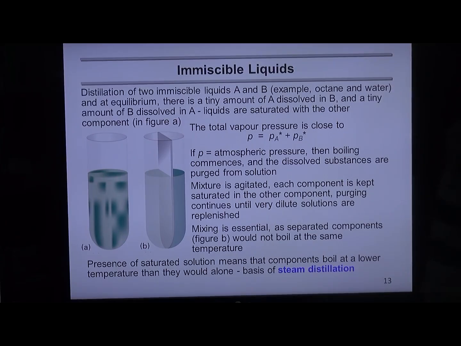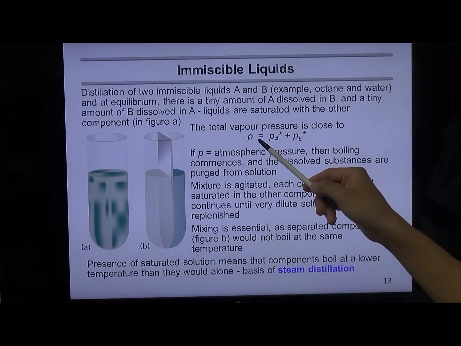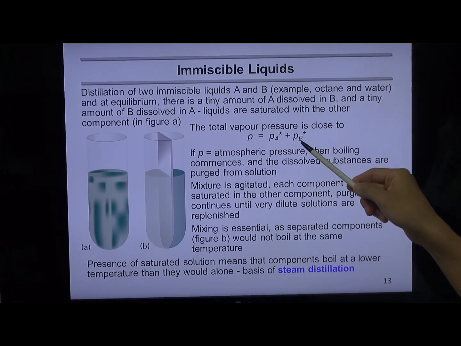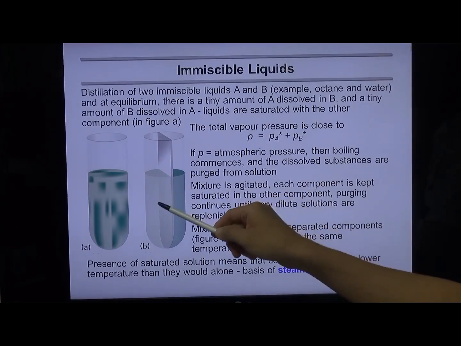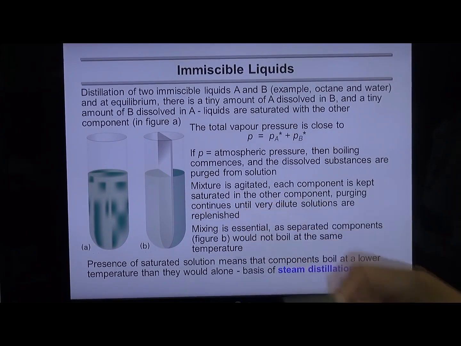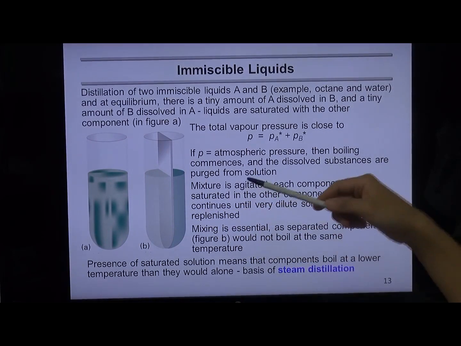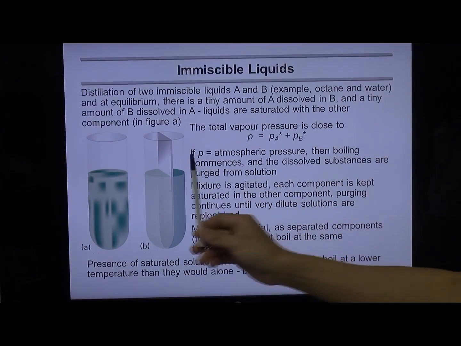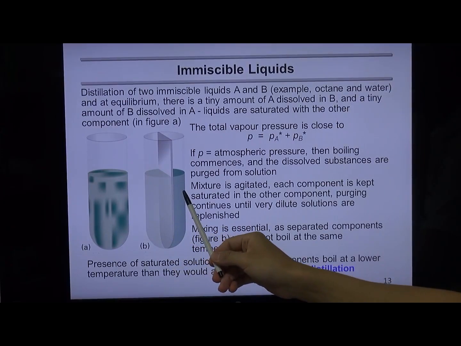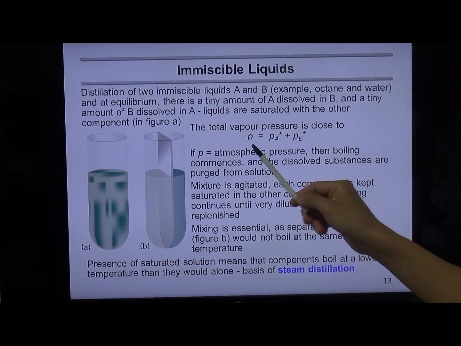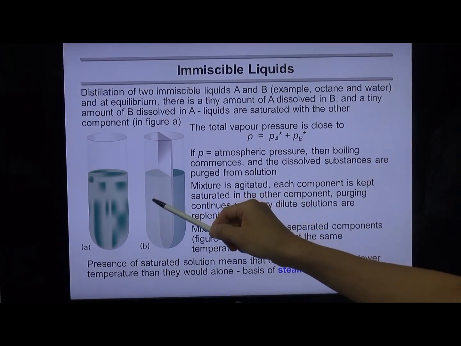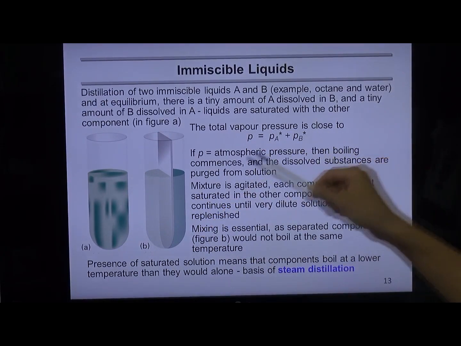Then what would happen? As you know, total vapor pressure should be the vapor pressure of A plus the vapor pressure of B. And if these two are not mixed together, and you do continuous mixing, then they are separated something like this, and the total pressure would be the vapor pressure of A in pure form plus the vapor pressure of B in pure form.